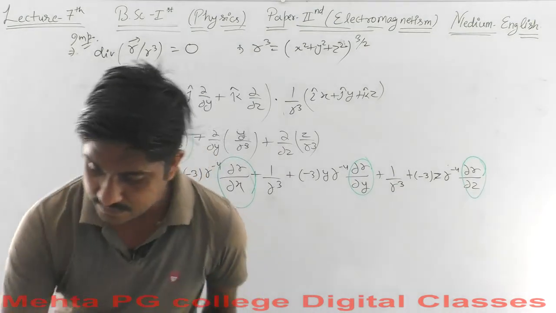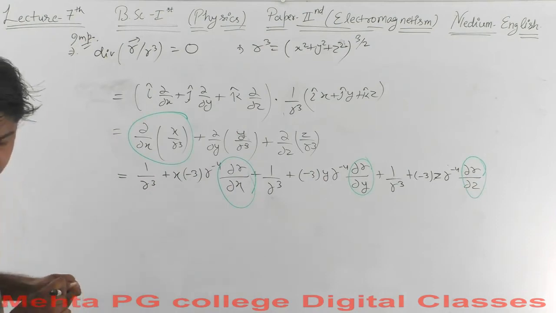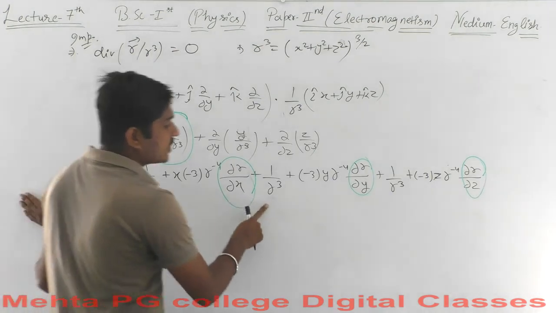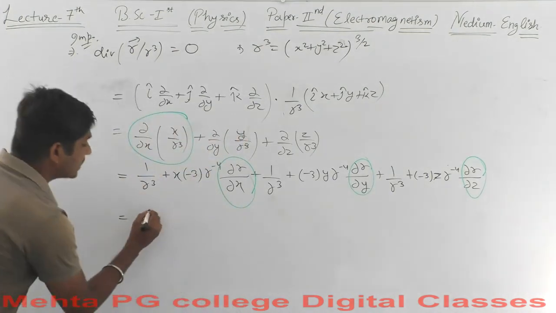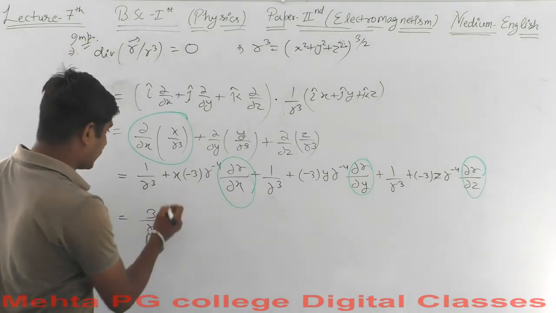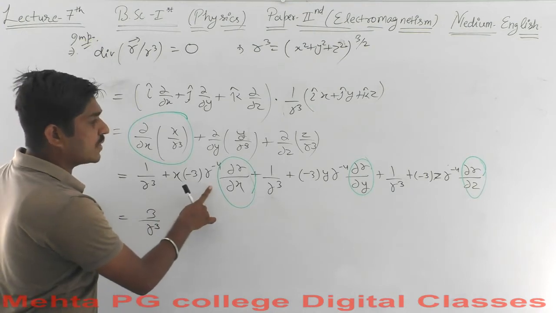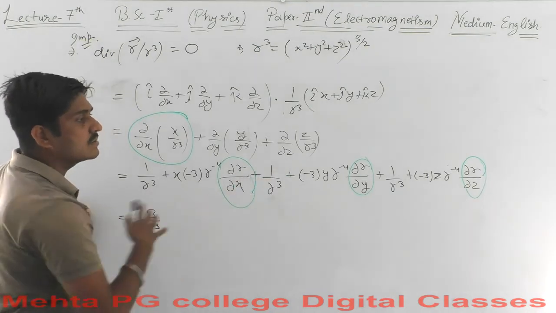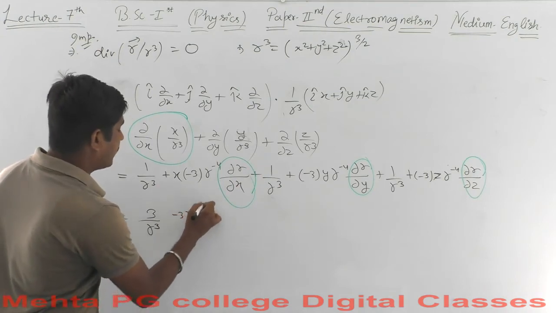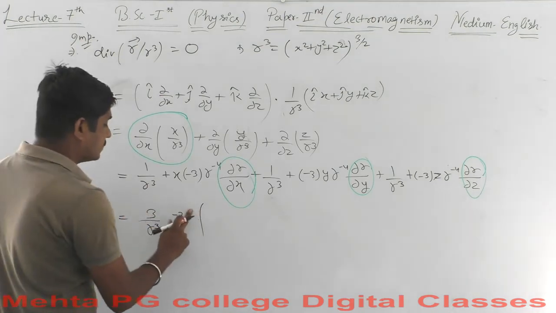Okay. For this, let's again proceed further. 1 over r cube plus 1 over r cube plus 1 over r cube, this will become 3 over r cube here. Okay. Let's say minus 3 r raised to power minus 4 is common in all of these.